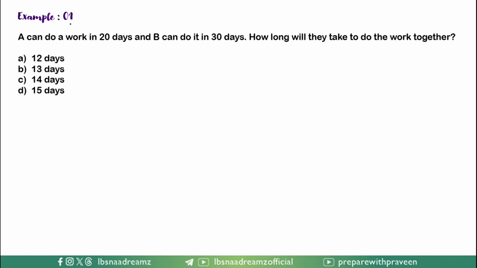Example 1. A can do a work in 20 days. B can do it in 30 days. How long will they take to do the work together?